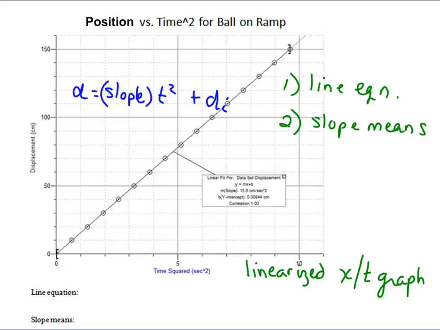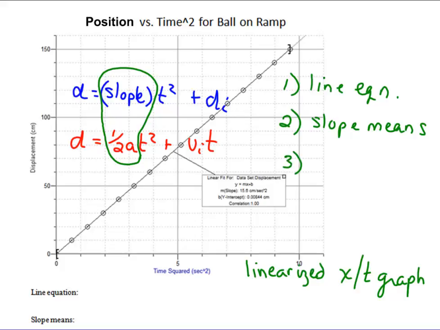And if you look hard enough, what you'll find is it looks fairly similar to equation number 3, which looks like this. In our blue equation up here, which is the generic equation of this line, the slope corresponds to this 1/2 a term of our kinematic equation. So if we want to identify what the slope means, we can take a look at that. It's not the acceleration, but it's related to the acceleration.